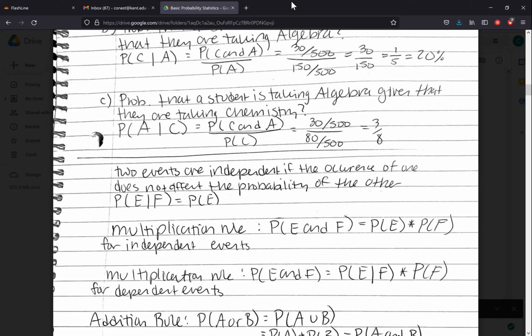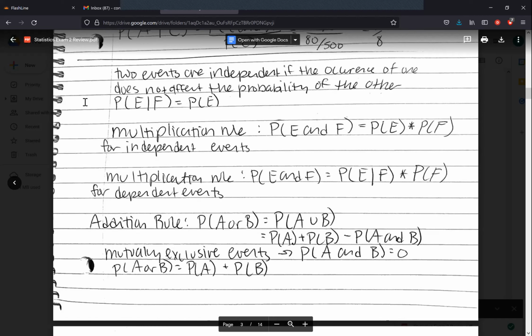Next, we talk about the difference between independent and dependent events. Two events are independent if the occurrence of one does not affect the probability of the other. So for example, if we want the probability of E given F, and these events are independent, that probability would just be the probability of E, because the probability of E does not depend on F occurring.